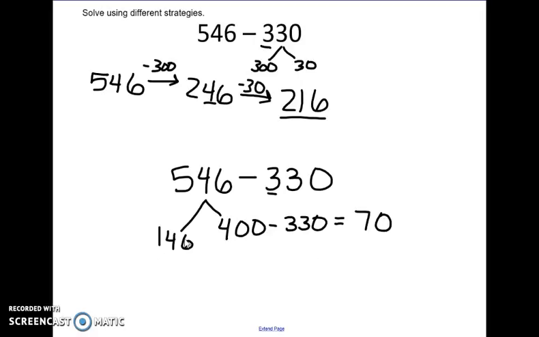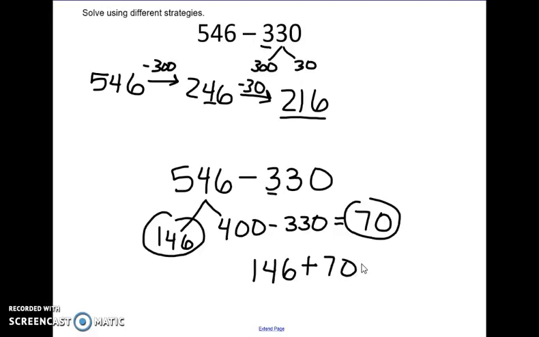Now, I'm going to take my outside numbers, my numbers that are left, and I'm going to add them up. So 146 plus 70 would actually give me 216. But, again, in this problem, the arrow method would be the simplest method to use.